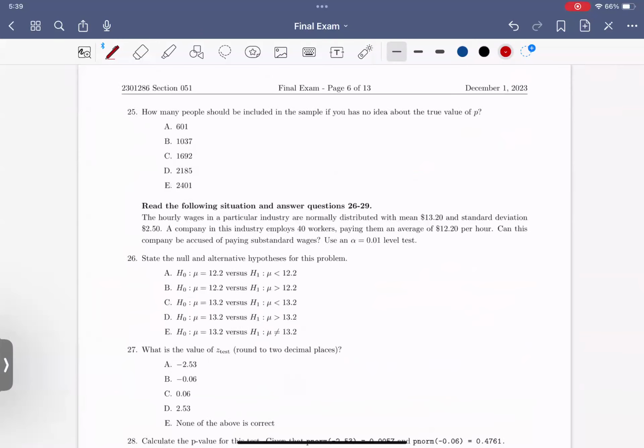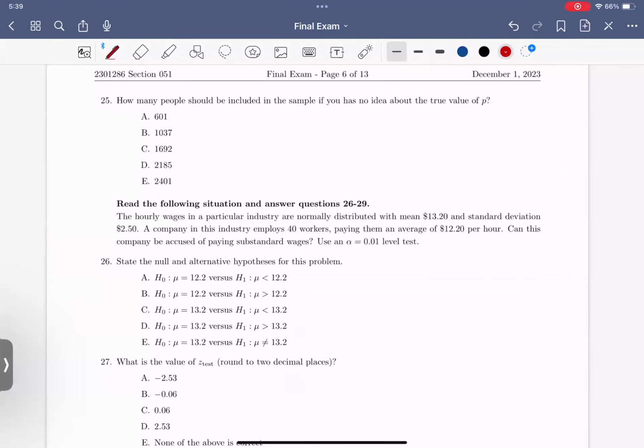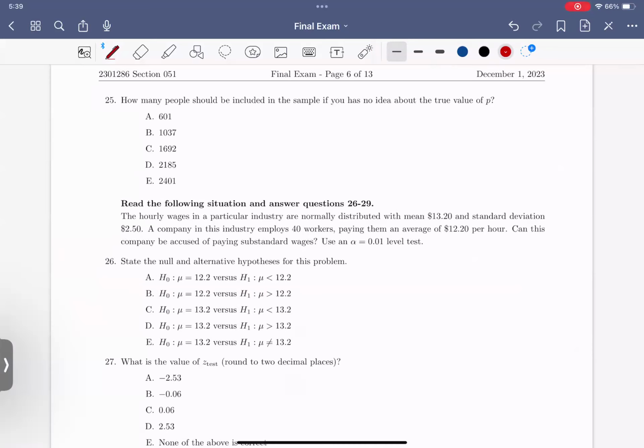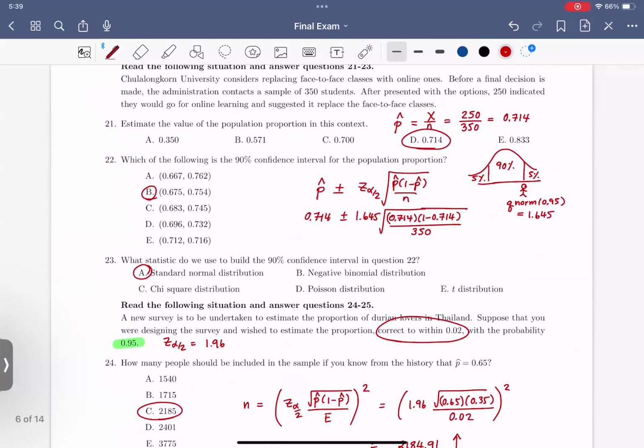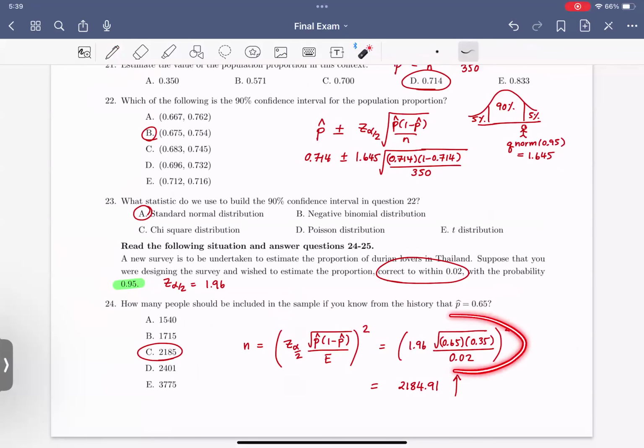How many people should be included if you have no idea about the true value of P? As we learned in class, you can actually use the formula here as well if you don't know the value of the p hat from the history. If you don't know from the history, the p hat that you're going to use is 0.5, because this is the worst case.